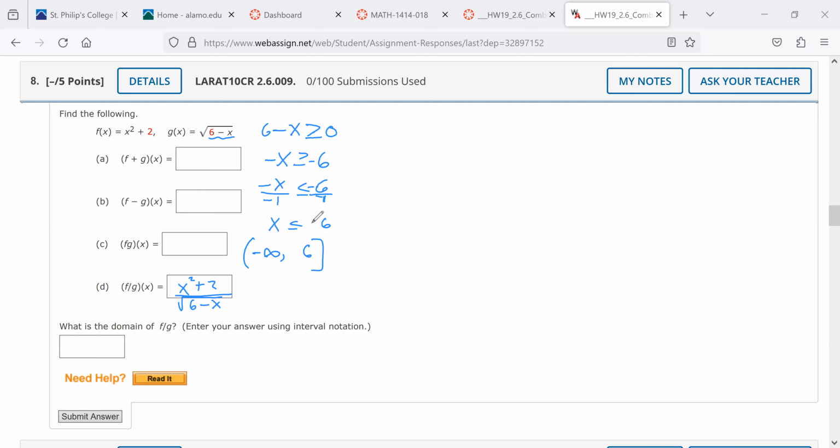So the only issue, right, is we said now that it's in the denominator, it can't be 0. But G did allow for 0, right?